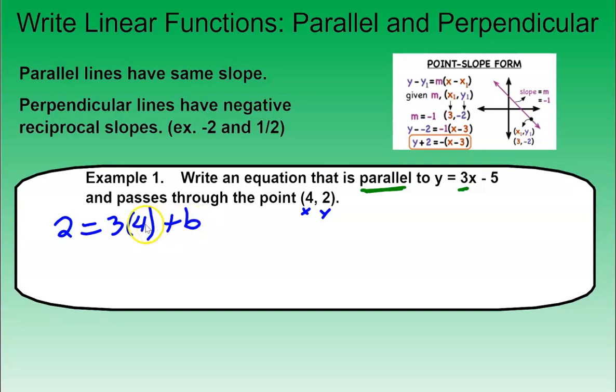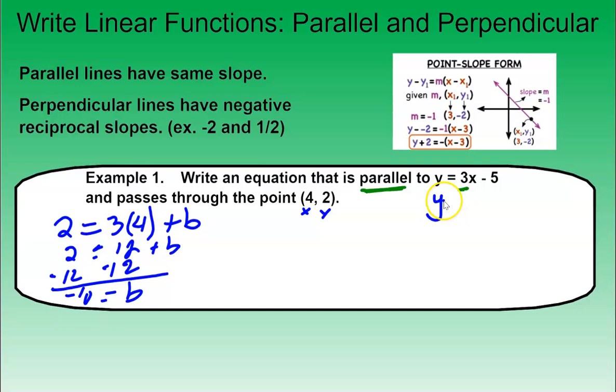So we want to find our b. 3 times 4 is 12. 12 plus b is going to give us 2. To get b by itself, I'm going to subtract 12, and we're going to have b equaling -10. So the equation that's parallel to this one would be y equals 3x minus 10.